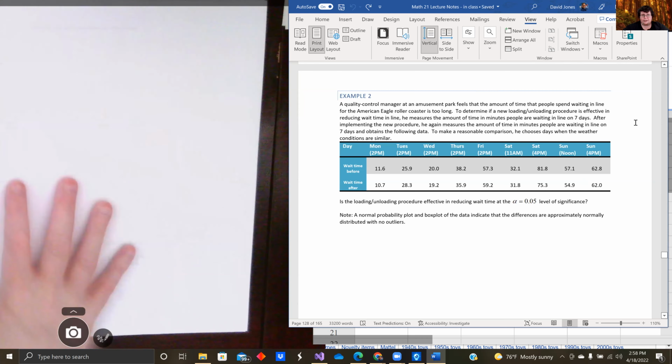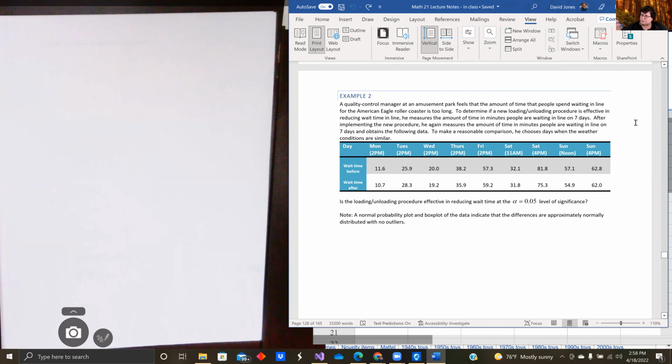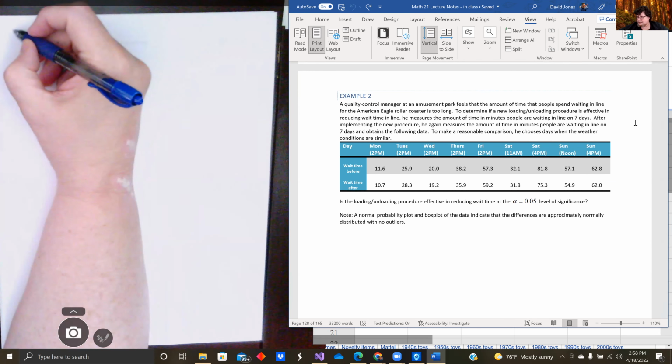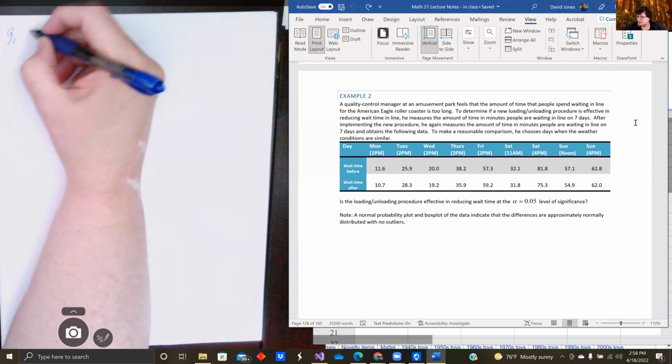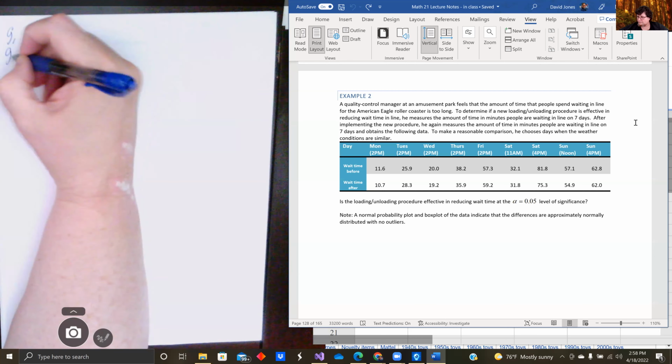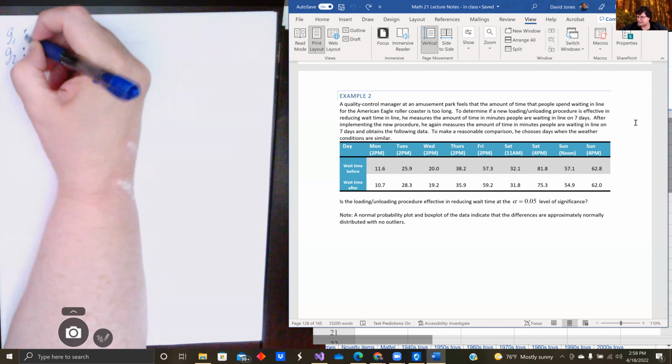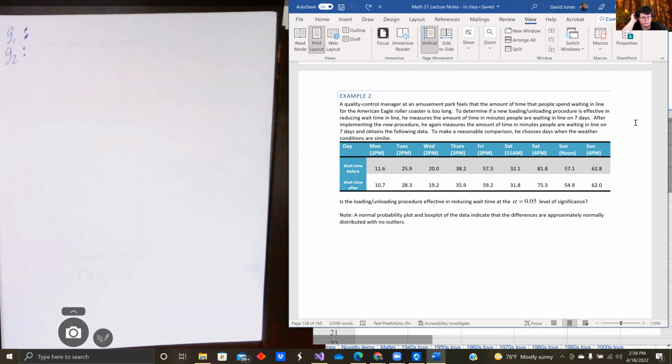And let's just talk about it over here. So we've got 2 groups. Group 1 and group 2. And I don't know which one they are. But he thinks that the wait time will be reduced if they implement the procedure.